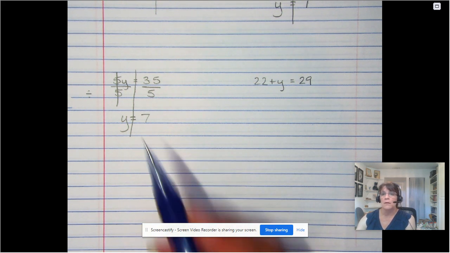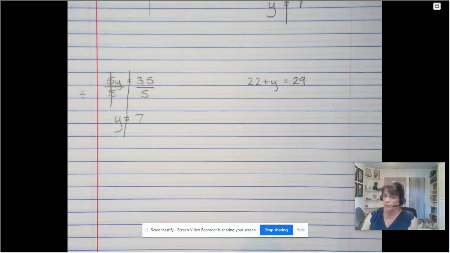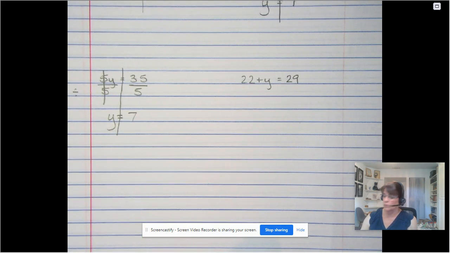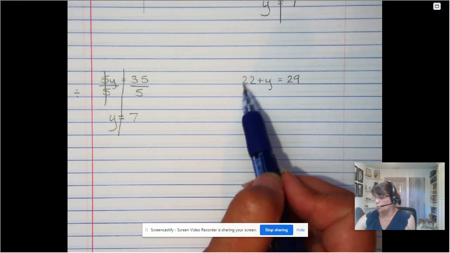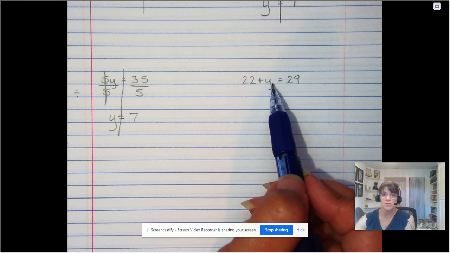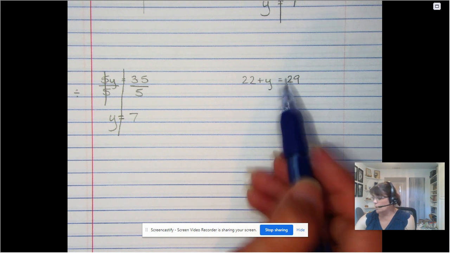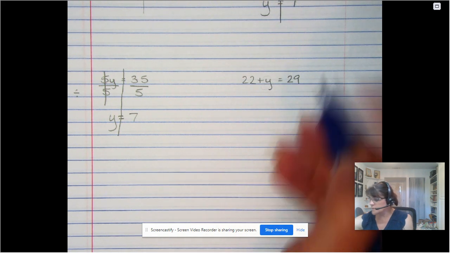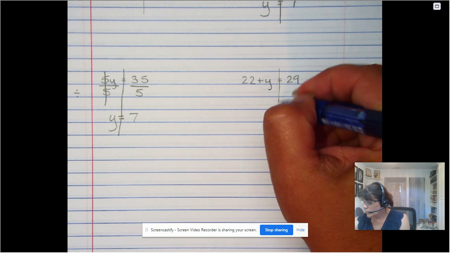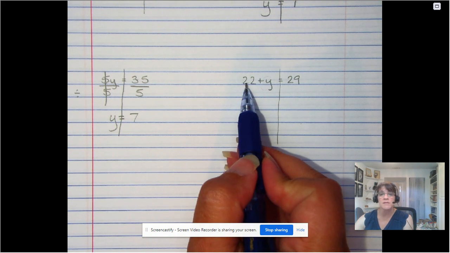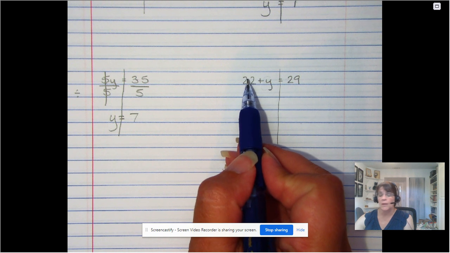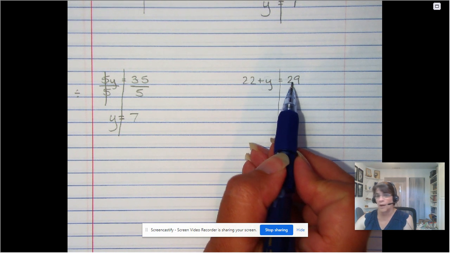Okay. Now, so far I've kept the variable at the front. That doesn't always happen. y plus 22 is the same as 22 plus y. My goal is still to isolate the variable. So I'm going to keep my equal signs lined up. Right here I have a positive 22 that I want to move away from the y.